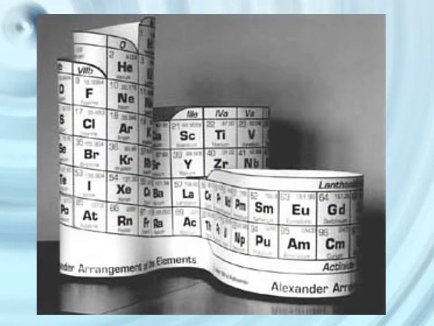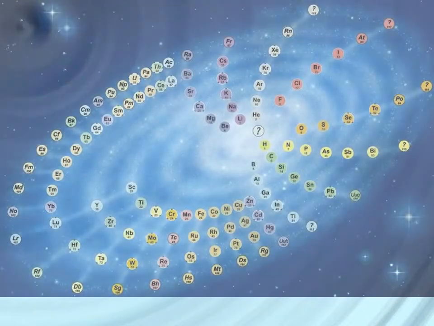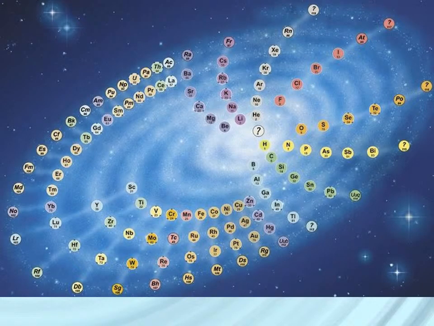Now this particular one attempts to put the periodic table in a three-dimensional form. This one is called the galaxy of elements.